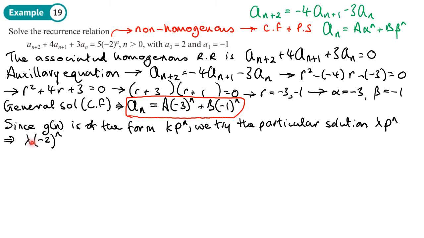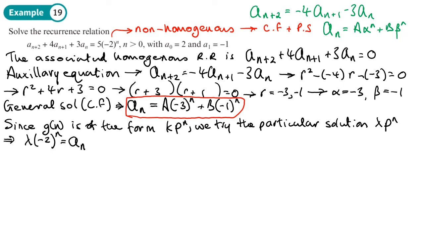Now we don't need to multiply this by n because there's nothing of this form in the complementary function. There's no negative 2 to the power anything. If there was, then we'd have to multiply this by n, and we'd try lambda n times negative 2 to the power n. Okay, so this is what a_n equals.